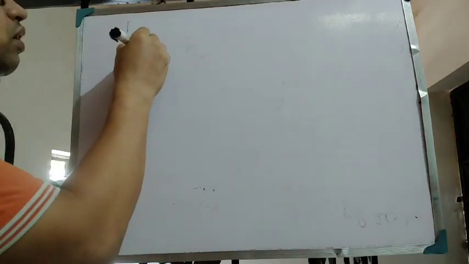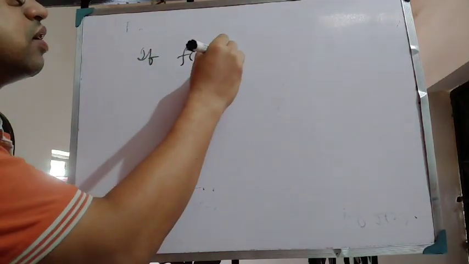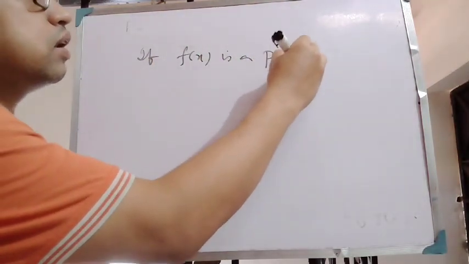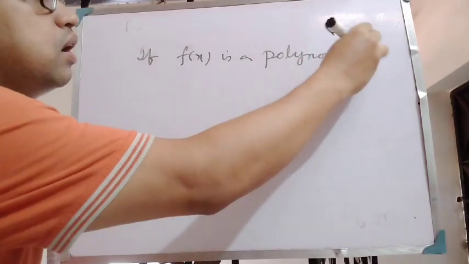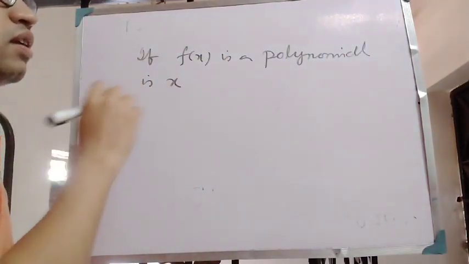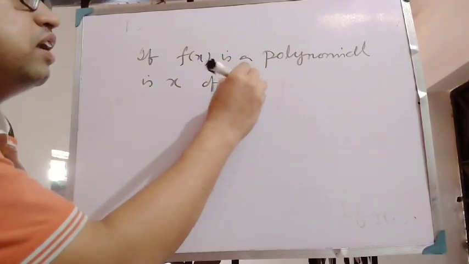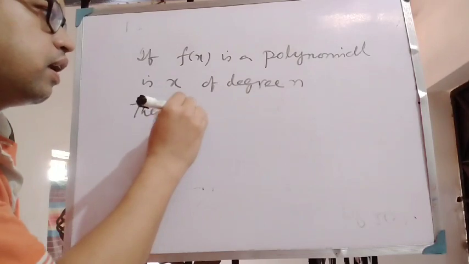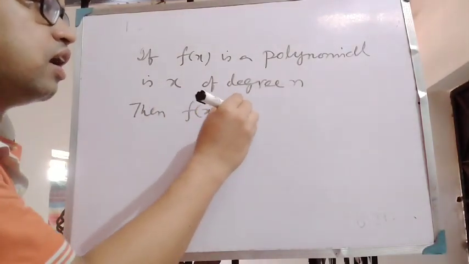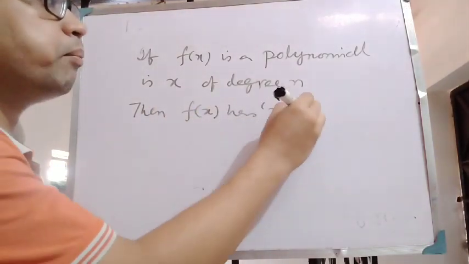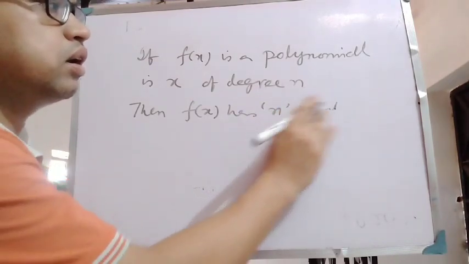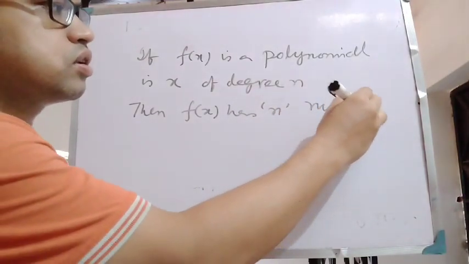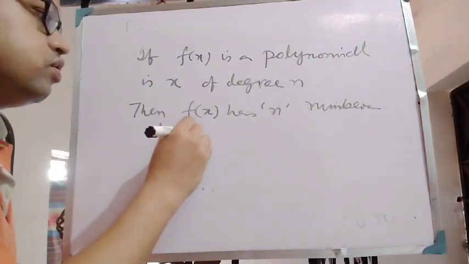The number of zeros equals the degree of the polynomial. If f(x) is a polynomial in x of degree n, then f(x) has n number of zeros.